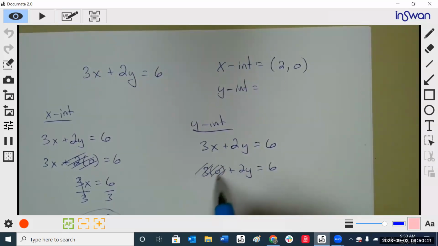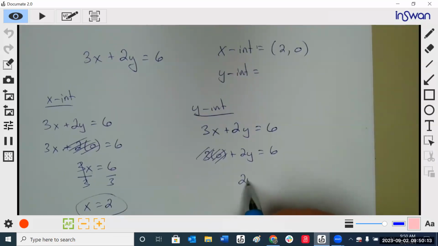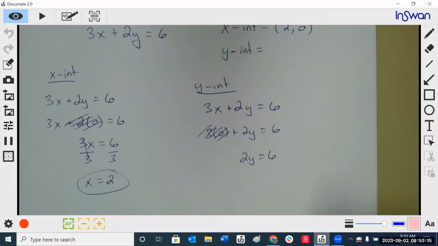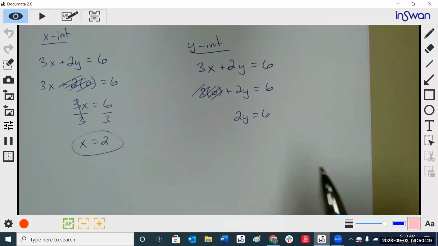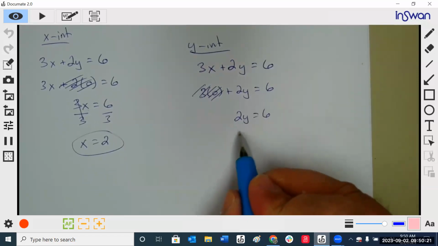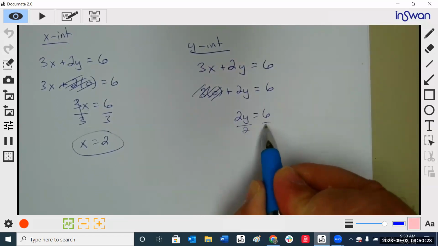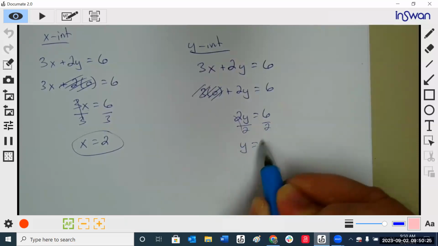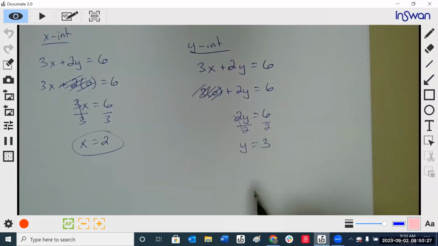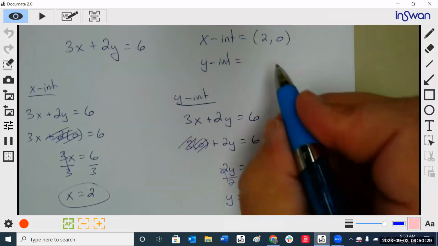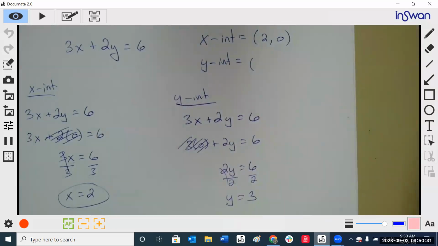So that disappears, and we have 2y equals 6. How do you get y by itself? Divide both sides by 2. Very good. 6 divided by 2 is 3. So the y-intercept is at where?